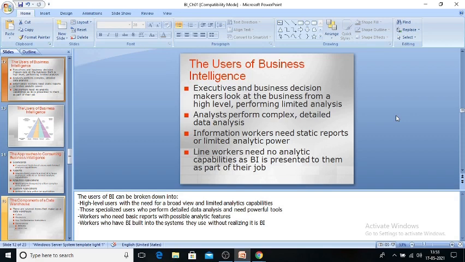Bank tellers will deposit your money and give you the money. Their job is that. They are not doing any analysis. They will check the data, and if you have the balance, they will give you the amount. If you have an account, they will give you a loan. If you don't have an account, they will create an account for you. Only this kind of thing they do. They will not do any analysis.